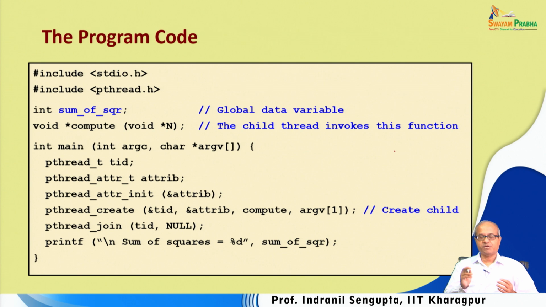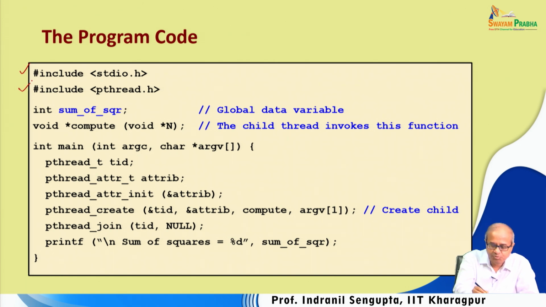This is the first part of the code, there is a little more to it. Let us just understand. This is a C program. We have included the standard IO library that we will need for all printing and other standard functions. To use the pthread library, you have to include the header pthread.h. This is the first thing.